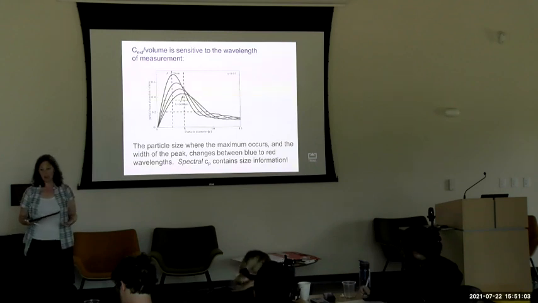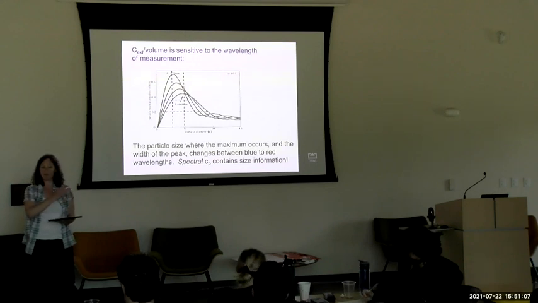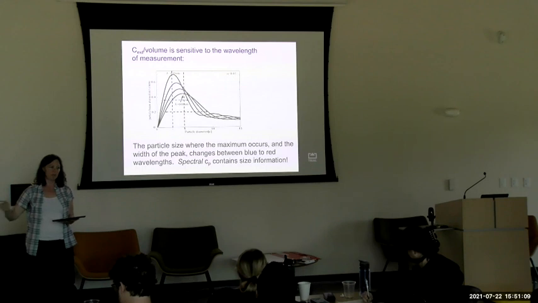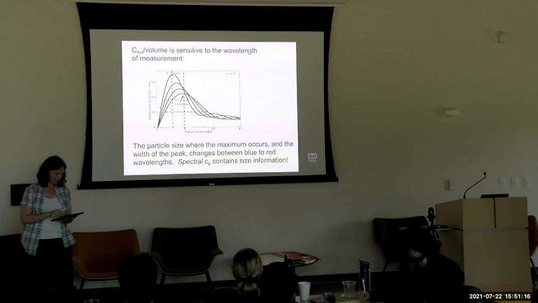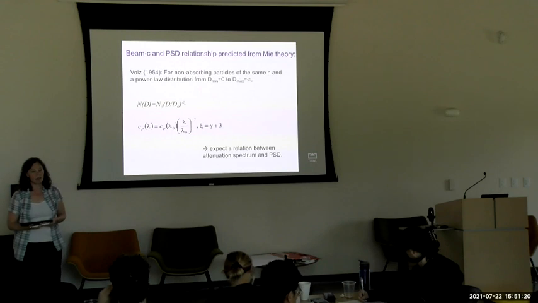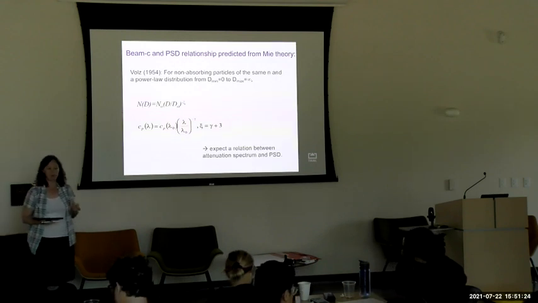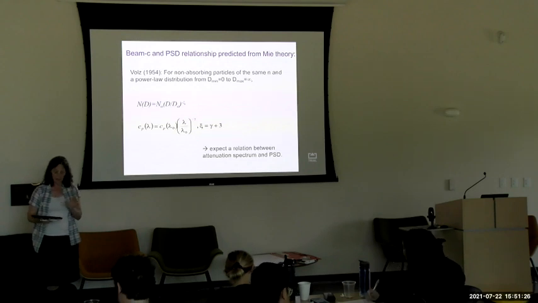So spectral beam attenuation. Yesterday we really only talked about single wavelength beam attenuation. Once you start to get spectral beam attenuation, there's going to be size information in the spectral shape of beam attenuation. So this comes out of Mie modeling, and it works pretty well for particles in the smaller size range.